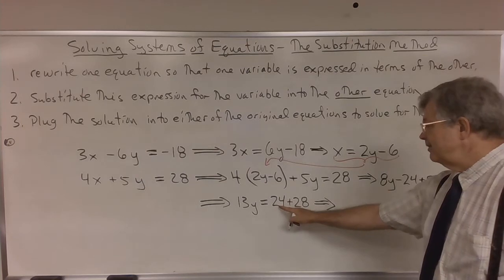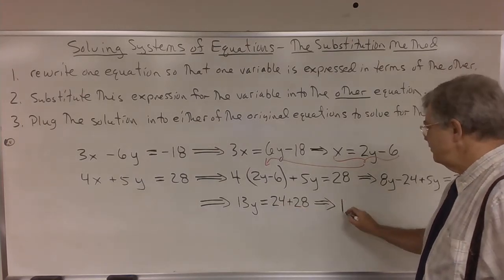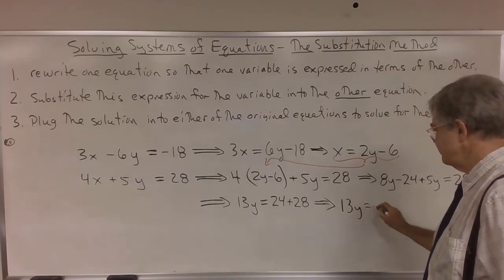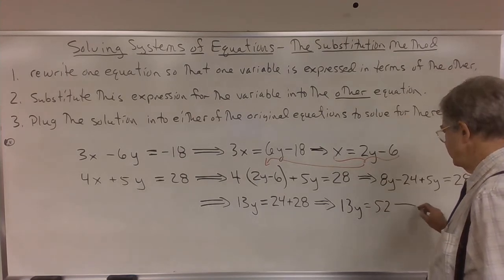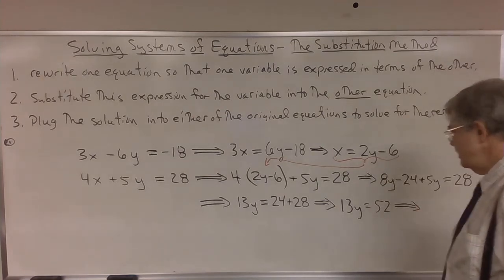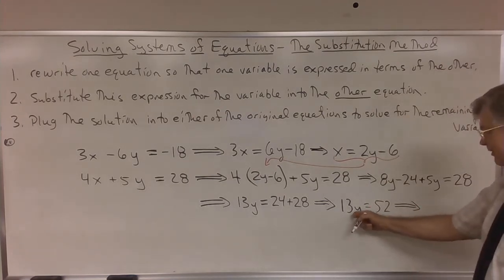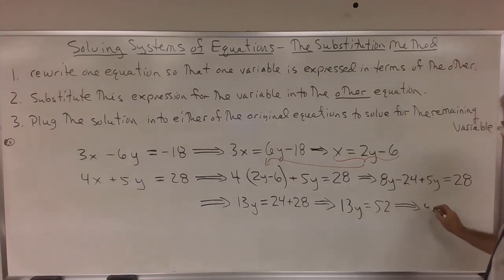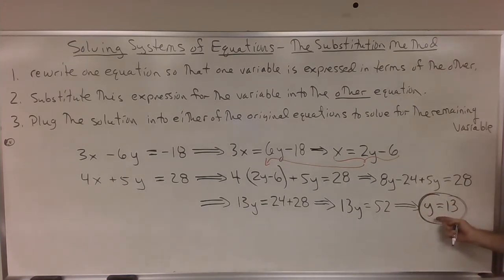And let's see, if I combine these, that's 52, isn't it? Now, what does that make y? Divide both sides by 13, I have y equals 13. Okay, I've solved for one of the variables, y.